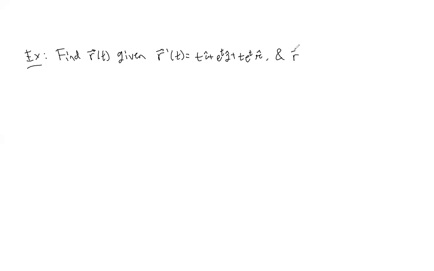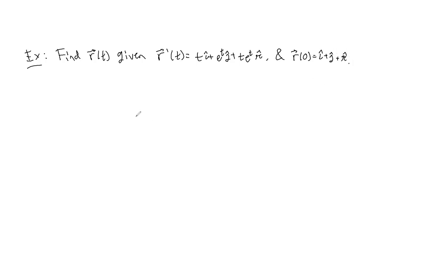One thing that you'll often find is you'll have to do something where, let's suppose that we have to find r of t, given that we know that r prime of t is equal to t i plus e to the t j plus t e to the t k, and that r of 0 is i plus j plus k.